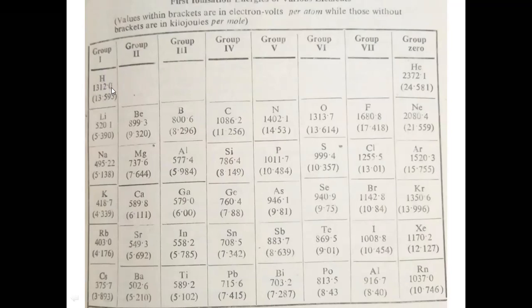If you remove the electron from 1 mole of the substance, then this much energy has to be spent. You need not refer to both the values. This is per atom, this is per mole. That is the difference.